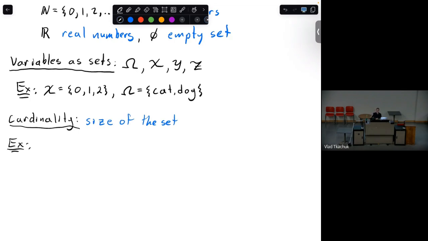So you might ask, what is the size of this calligraphic x? Well, the way you would write this is the cardinality of x, using these two bars on the side, is 3. Just the number of elements in there. Okay, so we're already going to get an interesting new math result, in some sense, which is the size of this thing is 2, right? Okay, that's still as expected probably.